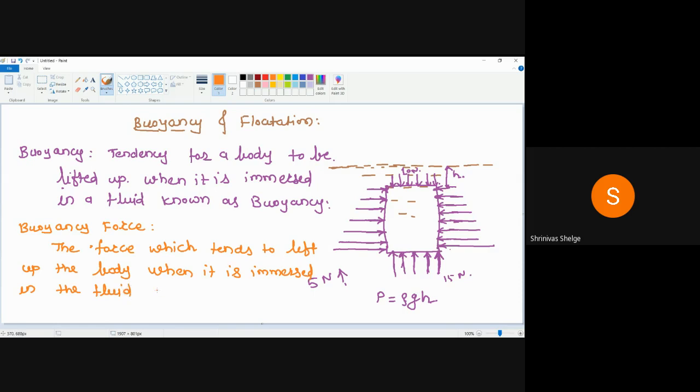Partially immersed or fully immersed, whatever the force which tends to lift up the body when it is immersed in the fluid, is known as buoyancy force.